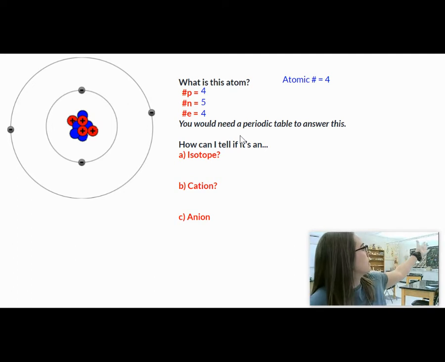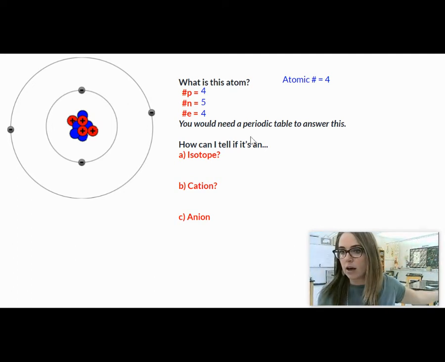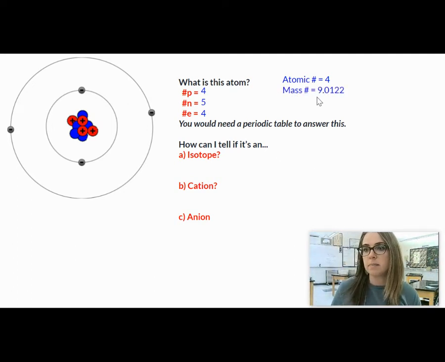But when I look at beryllium, I can see that it has a mass of 9.0122. Round that to 9. What's 4 plus 5? 9. And so this is not an isotope in this case, because my atomic mass units in the center of my nucleus, what makes up the biggest mass of my atom, equals the standard mass that I find for this atom on Earth.